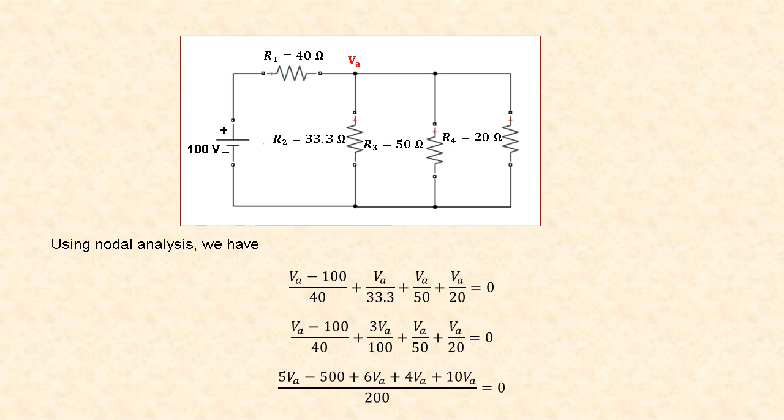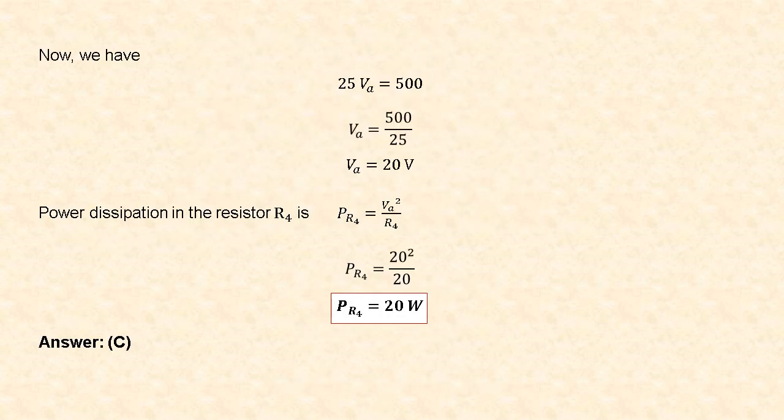Now for simplification, I am replacing this 33.3 as 100 by 3. So taking 200 as LCM, we have 5 VA minus 500 plus 6 VA plus 4 VA plus 10 VA is equal to 0. Simplifying, we have 25 VA is equal to 500. So VA is equal to 500 by 25, which is equal to 20 volt. That is, the nodal voltage is 20 volt.